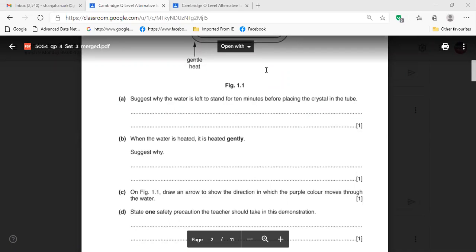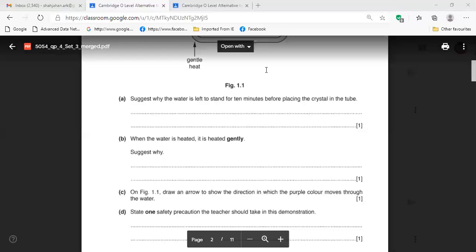Abir said the movement of color thoroughly or slowly. Thoroughly. What does it mean actually? Thoroughly, so that the color can move thoroughly.